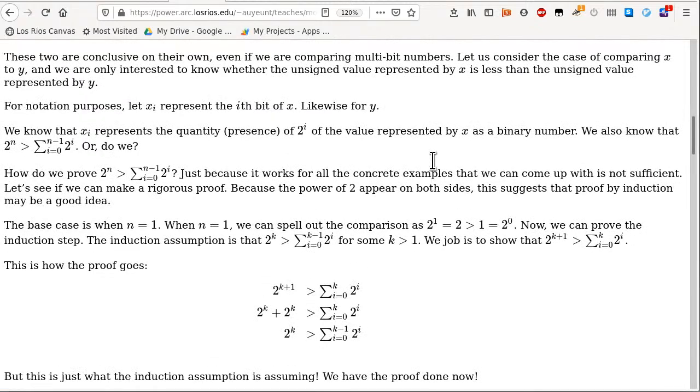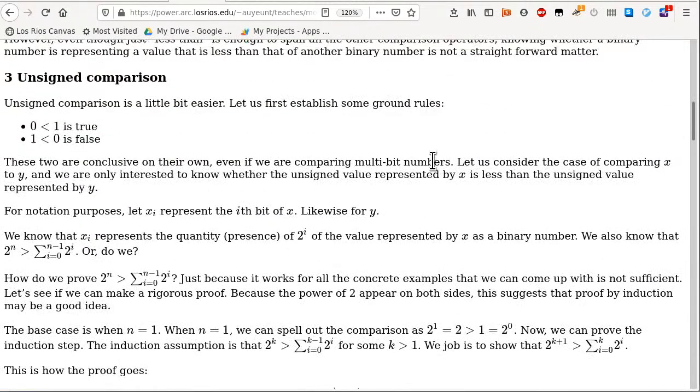Moving on to section 3. Section 3 talks about how we compare unsigned values. In other words, how do we compare the value represented by a bit pattern that should be interpreted in the unsigned fashion? So the first thing we need to do is find the actual value represented by a bit pattern.